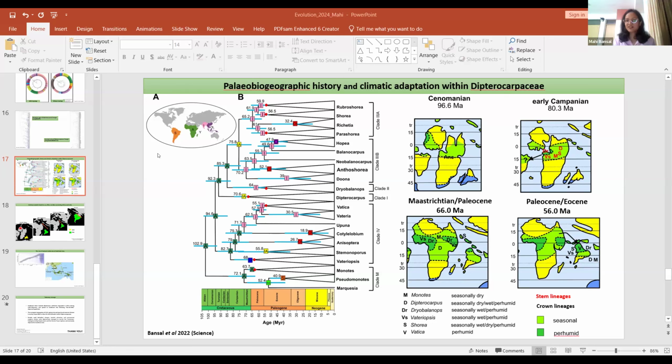As compared to Sri Lanka and Southeast Asia, that's because of the climatic conditions, of course. The climatic conditions that are favorable for Dipterocarpaceae growth are present in patches in southern India, and it is spread across vast regions in Sri Lanka and Southeast Asia. So that is one of the most probable explanations that can be given for this.